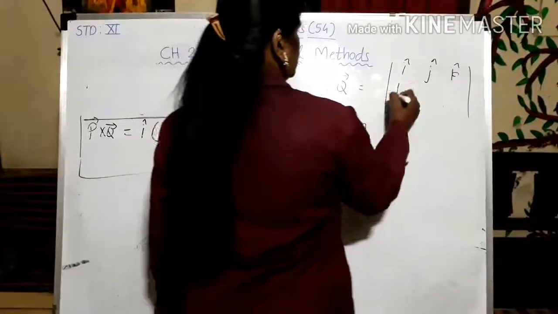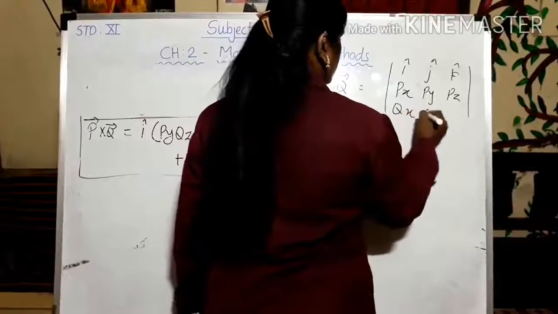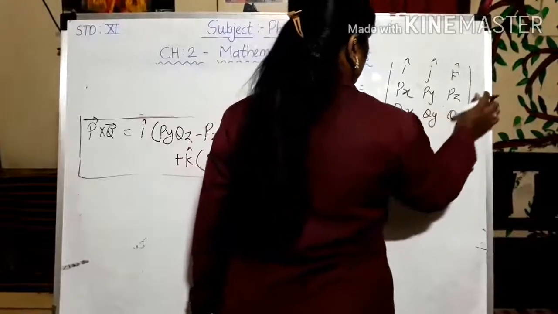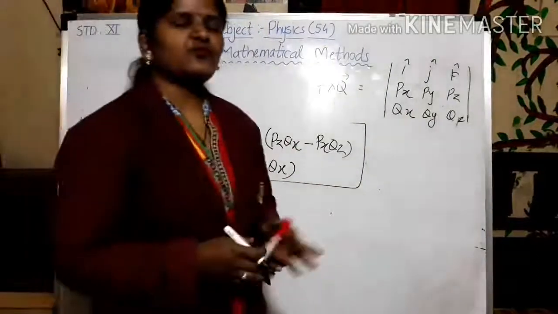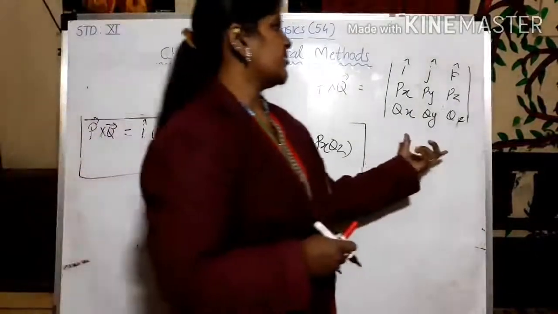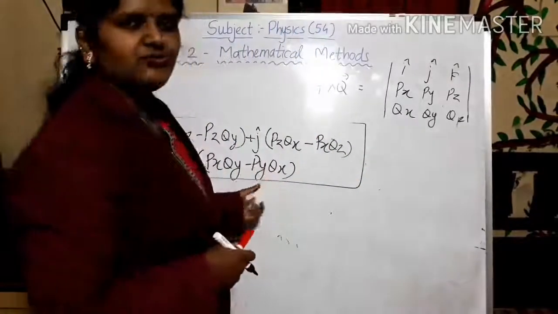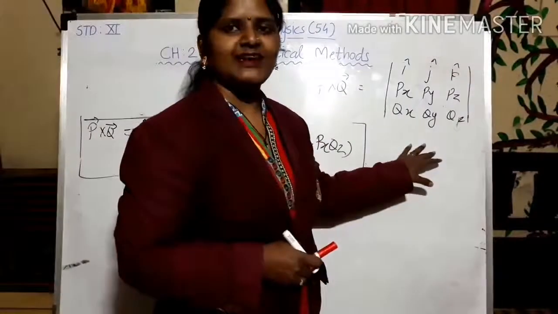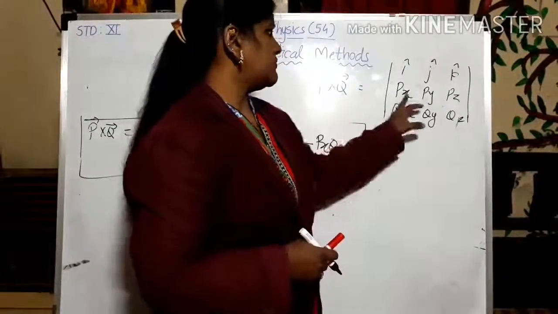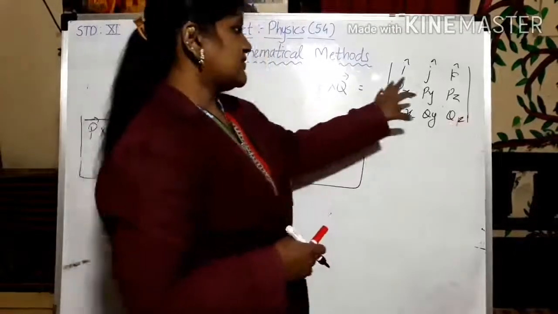This is the determinant. This is one of the forms of determinant, and I will show you how to solve it. You do not need to remember this formula. You will be able to get the formula directly if you put the two vectors' components into this. So this is the easier one.